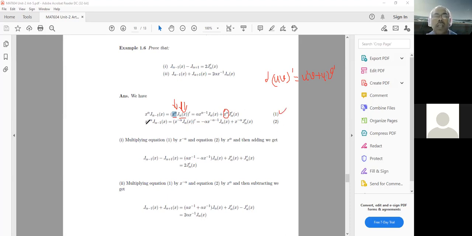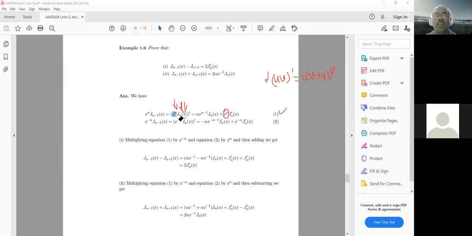Now again from the second expression we know that the derivative of the product of these two functions, x to the power minus alpha and J alpha, is x to the power minus alpha J alpha minus 1. And here again use the product rule, by considering this as the first function and this as the second function.